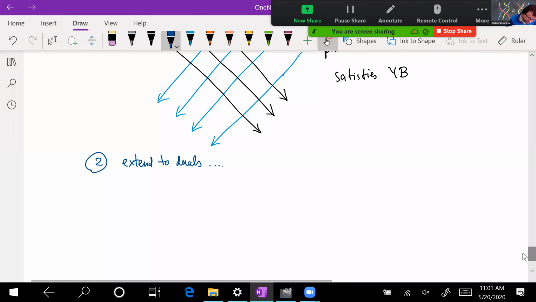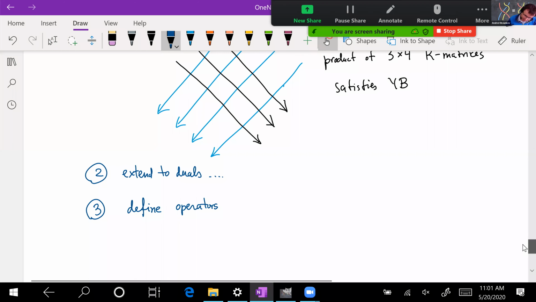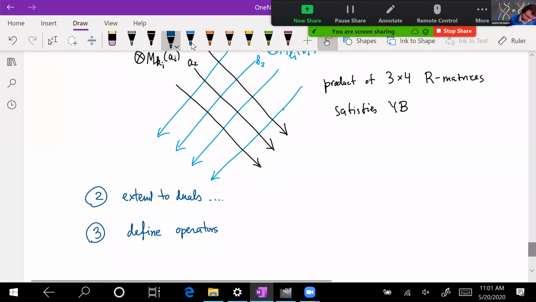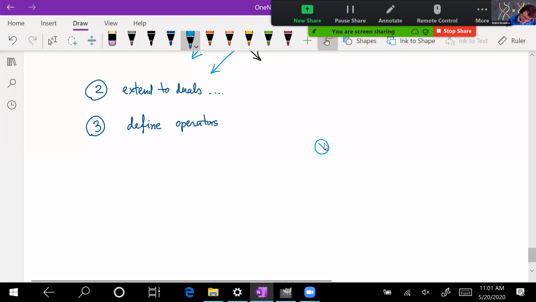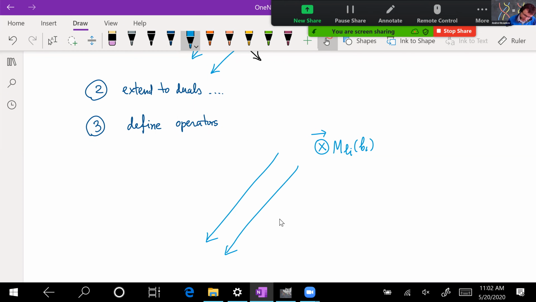And then now we define operators. The way we define the operators is that here we had some space which was a product of these LIs of BIs taken in some particular order, and again we think of this like that. We'd like to define an operator on this space.